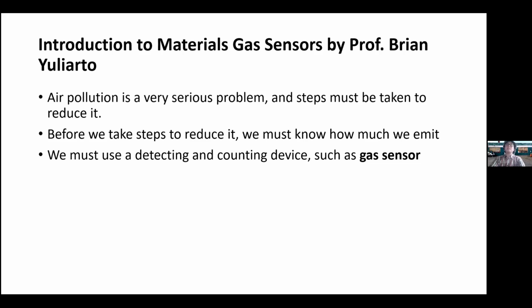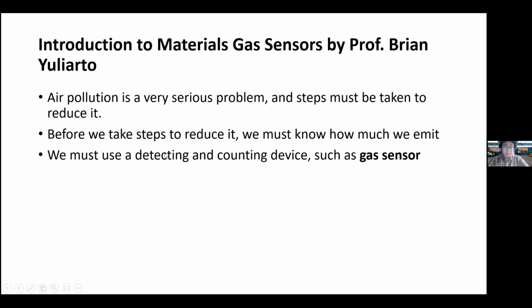We can use sensors to detect them. So we must take steps to reduce or eliminate this problem. But first we must know how much we emit in each activity we do.